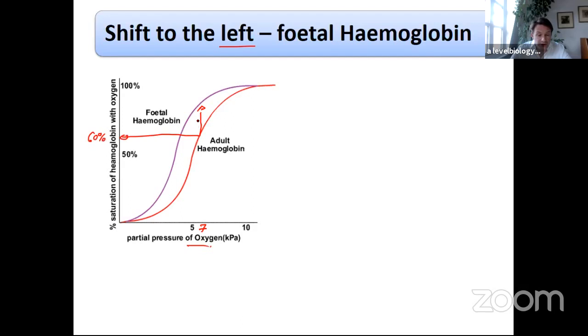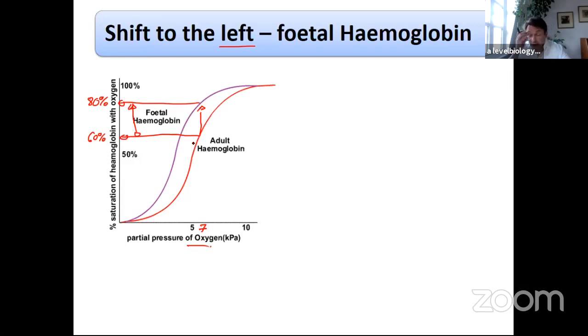But because the fetus has fetal hemoglobin, with a greater affinity for oxygen than adult hemoglobin, then the blood leaving the placenta is around 80% saturated. So this means it's carrying a lot more oxygen than it would do otherwise if it had adult hemoglobin.